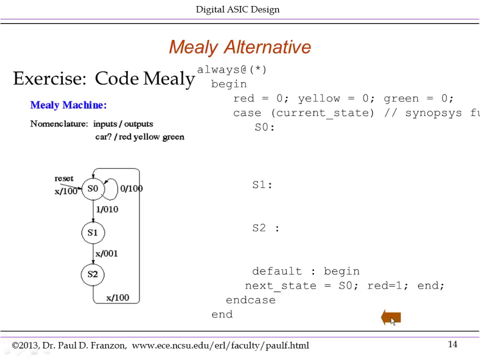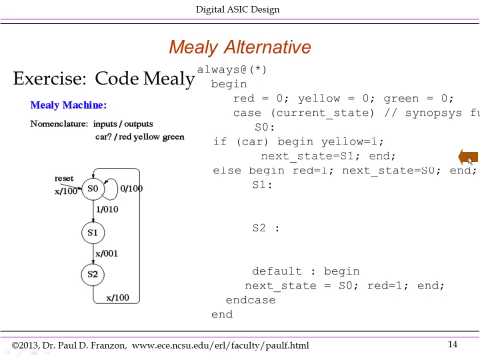Now let's look at the Mealy alternative. In the Mealy alternative, we have to capture the behavior that the outputs are associated with the transitions rather than with the states. So let's look at this for state S0. Here we have if car yellow equals 1, next state equals S1.